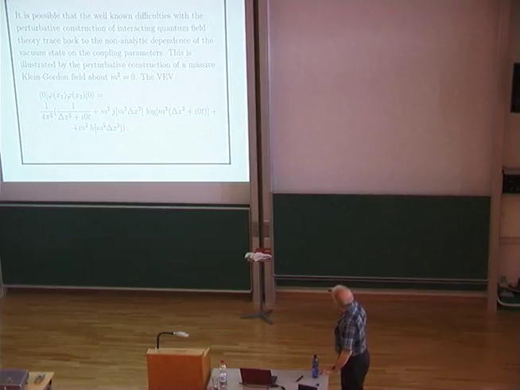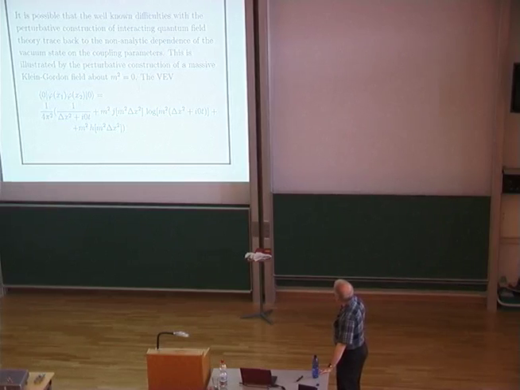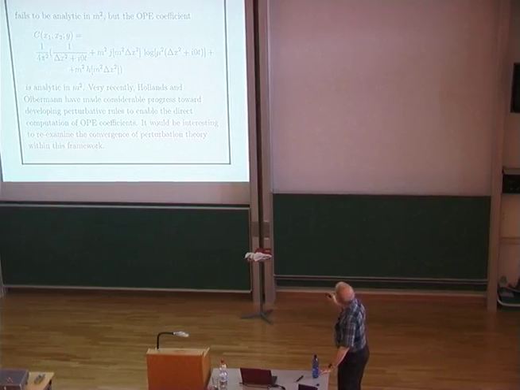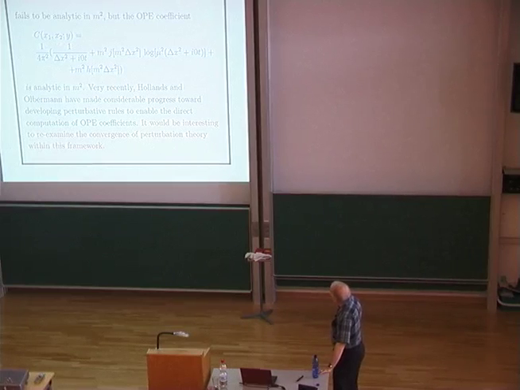So vacuum expectation values and expectation values in physical states are going to have this non-analytic dependence, but the operator product expansion coefficient doesn't suffer from that, at least if it's defined properly.